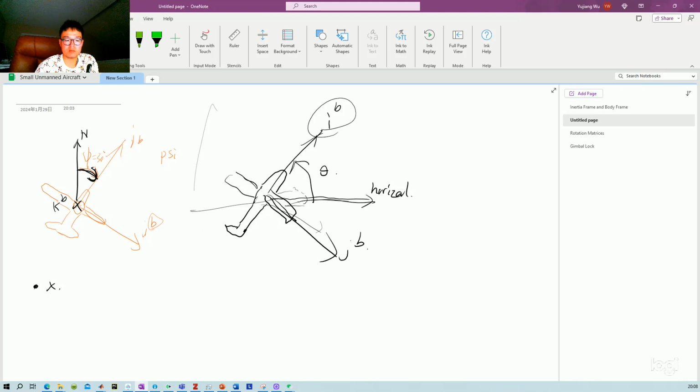Again, this is defined as a right-handed rotation. In this case, the yaw is against the z-axis, and the pitch is against the y-axis.